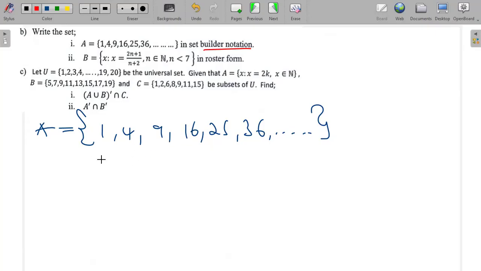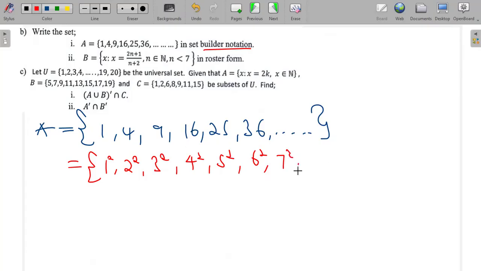What we notice is that this 1 is the same as 1 to the power 2, this 4 is 2 to the power 2, this 9 is 3 to the power 2, this is 4 to the power 2, 5 to the power 2, 6 to the power 2. So the next terms will be 7 to the power 2, 8 to the power 2, and so on. Here we just notice that they are squaring numbers starting at 1 and then increasing.